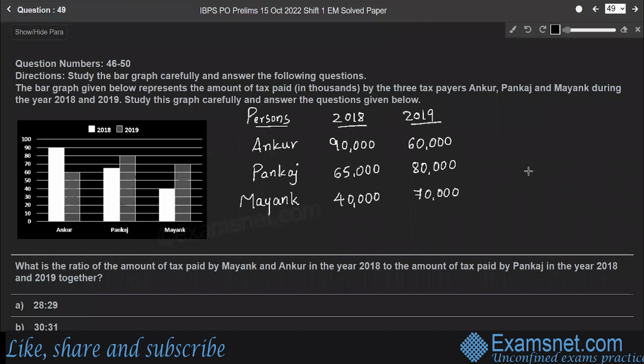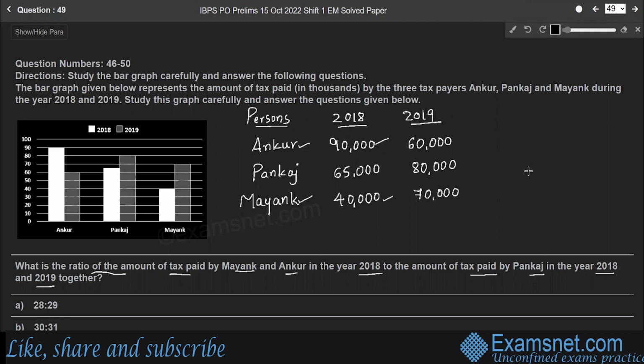Question 49. What is the ratio of the amount of tax paid by Mayank and Ankur in the year 2018 to the amount of tax paid by Pankaj in the year 2018 and 19 together? So here, tax paid by Mayank and Ankur, these two persons, in the year 2018, are 90,000 and 40,000, right?